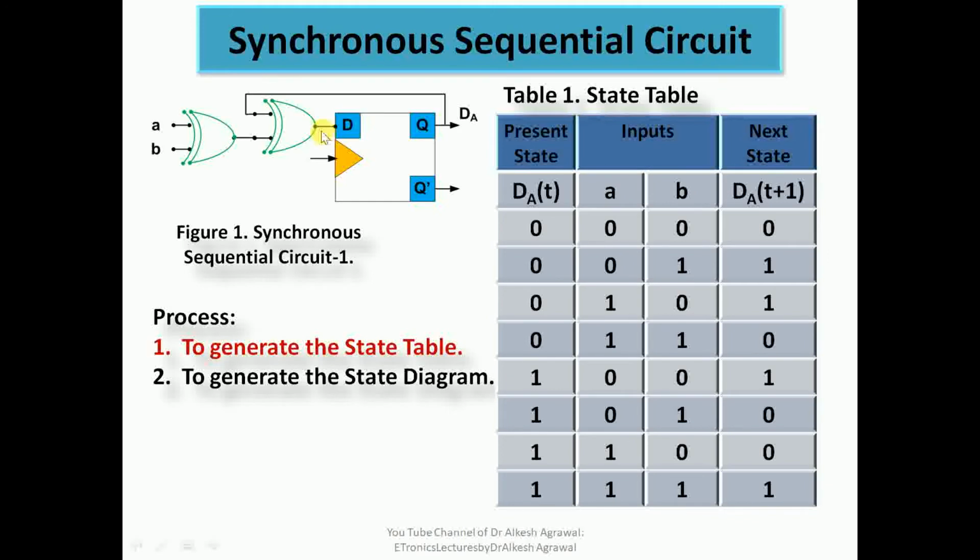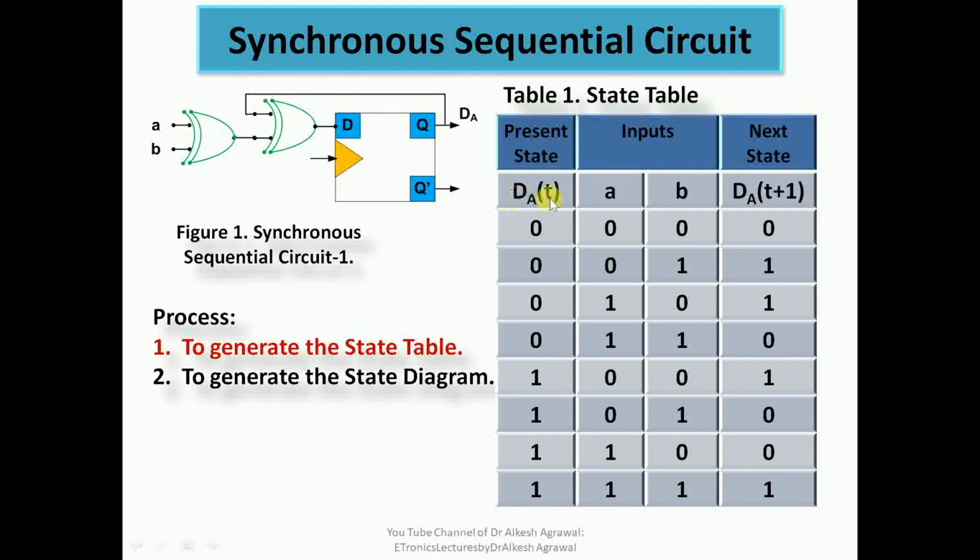We can see that the input is the exclusive OR value of this Q(t), which is being fed back from the output of the flip flop to the input of our exclusive OR gate, plus A and B. So at the input of the D flip flop, we have the exclusive OR value of A, B, and Q(t).